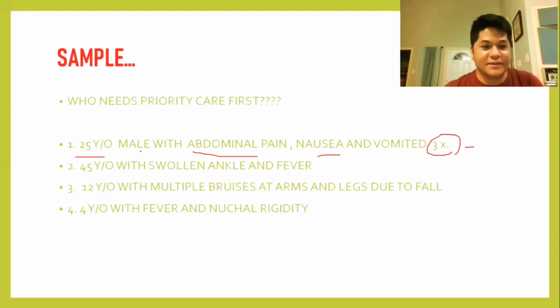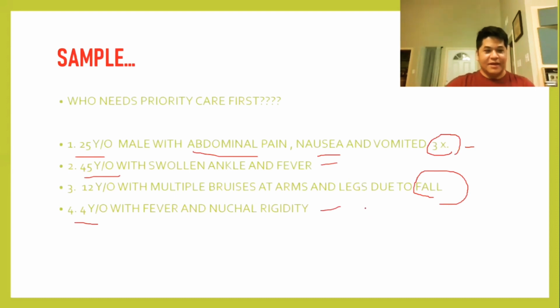Next, 45-year-old with swollen ankle and fever. No diagnosis yet, but swollen ankle and fever. 12 years old with multiple bruises at arms and legs due to a fall. And 4-year-old with fever and nuchal rigidity.